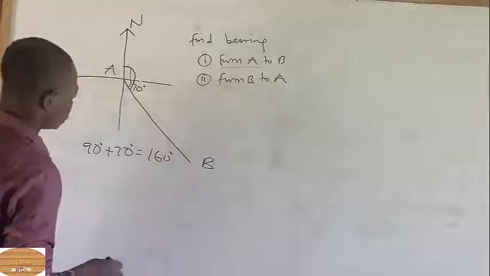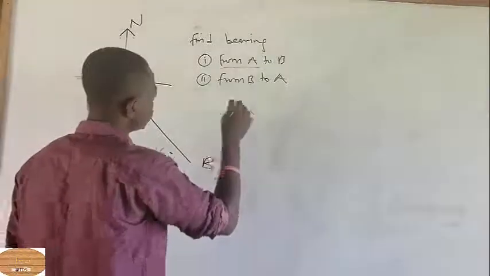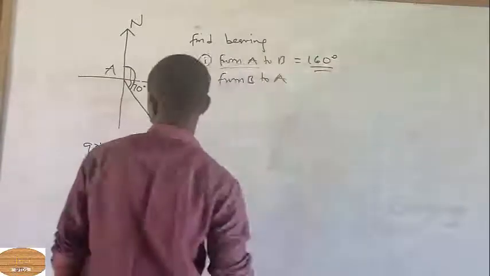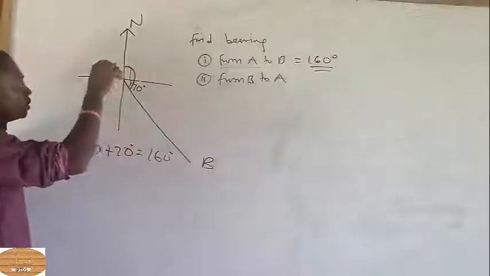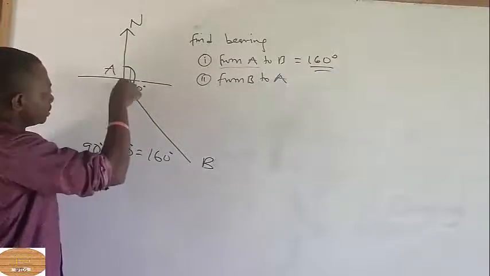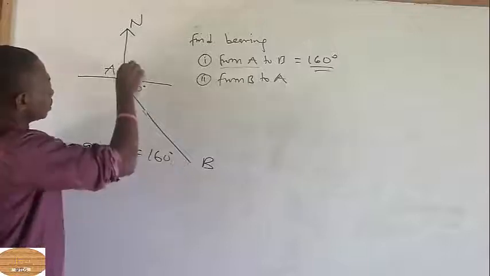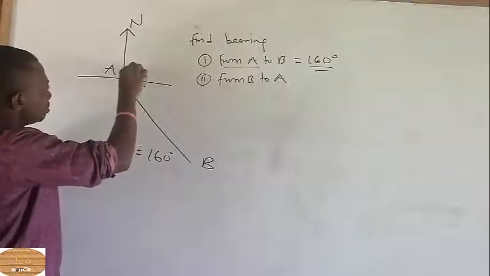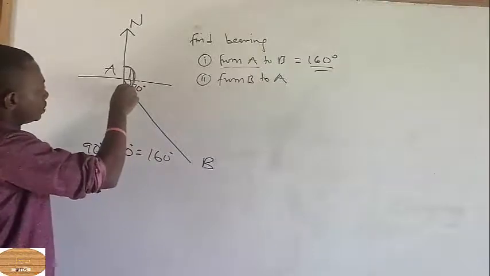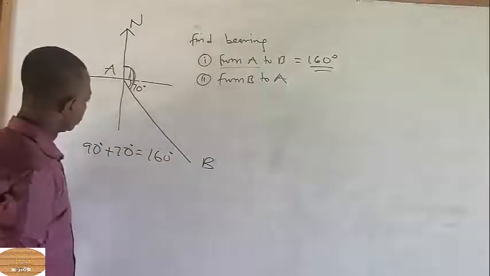So the bearing from A to B is 160 degrees, because you start from the north and rotate clockwise to join the line B. After that, you just measure the angle here. You have 90 here, so 90 plus 70 will give you 160.